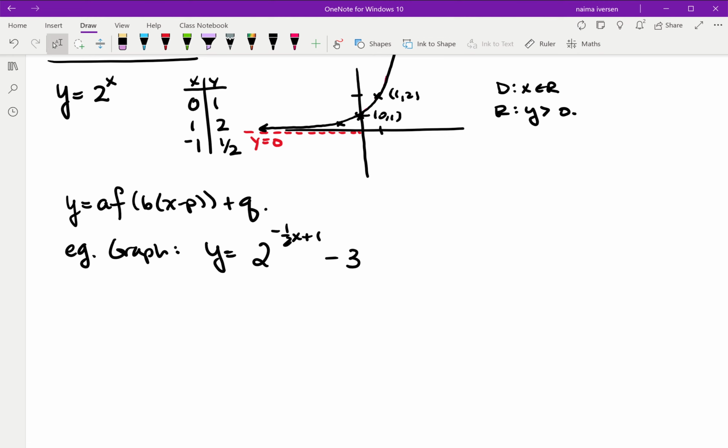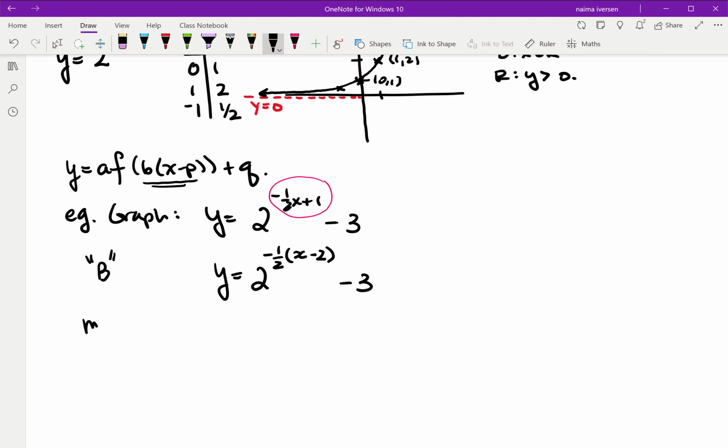So the first thing that we have to do, if you remember, is you have to fix the brackets, which means that if you think about the bx minus p part, that part is actually happening up here in the exponent. So we need to fix that first by factoring out the -1/2 in the front. And if I factor out a -1/2, I'm dividing by -1/2, so I would have x minus 2 sitting up in here, and then -3.